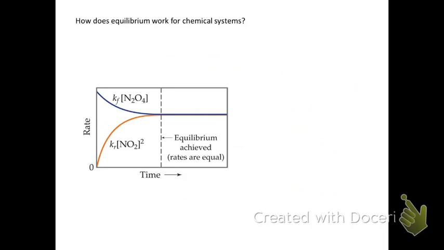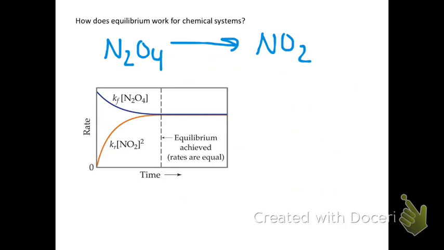Now, let's look at more of a chemical equilibrium state, and this is for chemical reactions. And you've kind of already looked at these graphs a little bit. And so here we've got our reaction of N2O4, and in the forward direction it's going to create a product of NO2. All right? And balance that equation there.